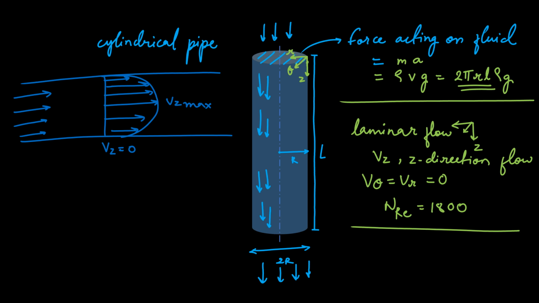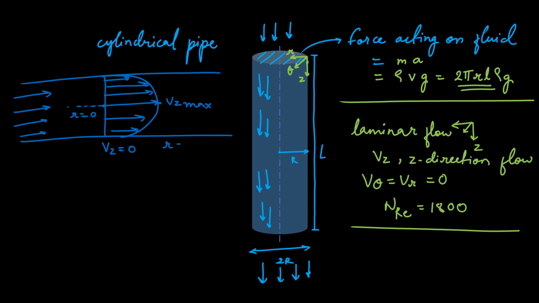So this is my fully developed flow: at the center, r equals 0, velocity is maximum.